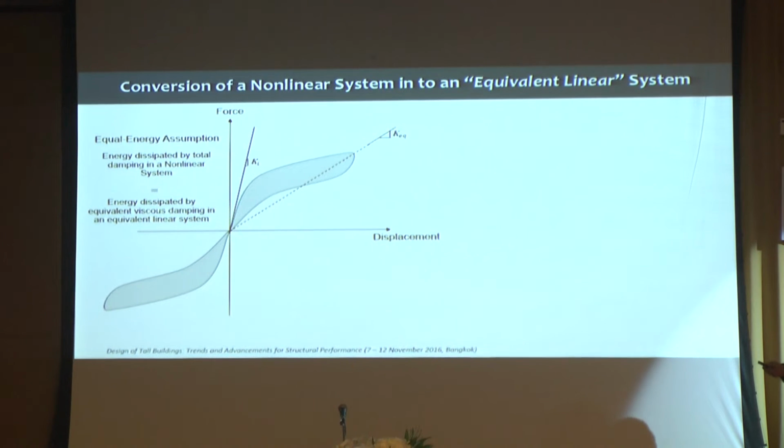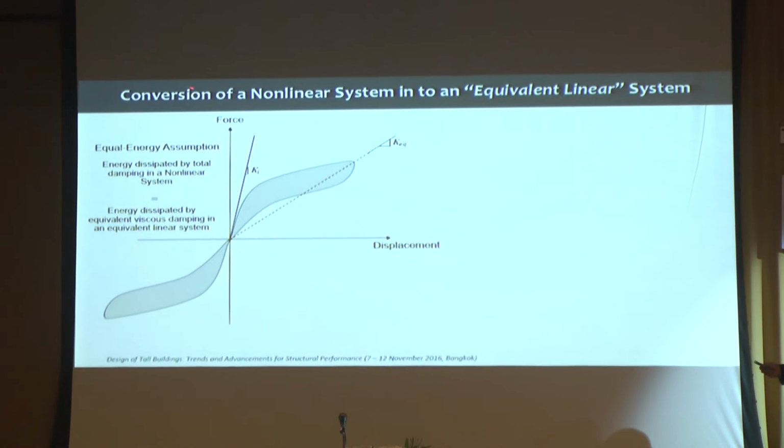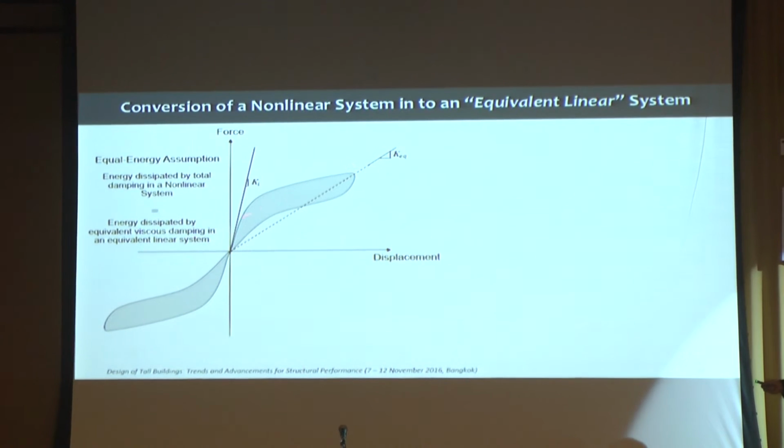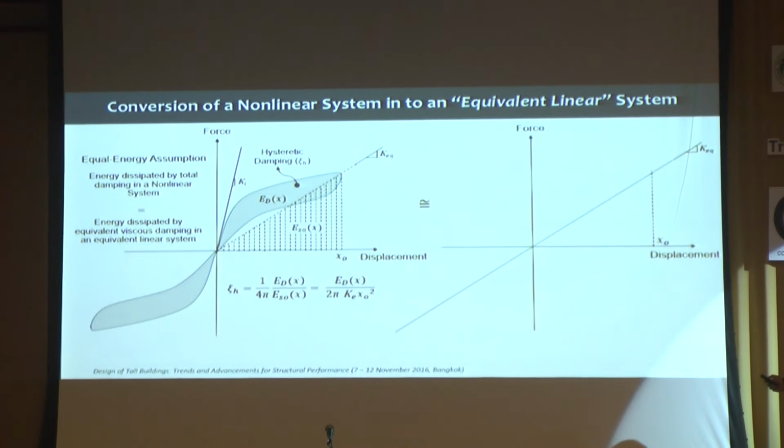But the simplest idea is that the secant, the line joining the maximum amplitude of a nonlinear single degree of freedom system, the stiffness corresponding to that maximum amplitude can be used as an equivalent linear stiffness. So a system, you can see here, which has that stiffness, which is the secant stiffness of a nonlinear system, can represent an equivalent linear model.